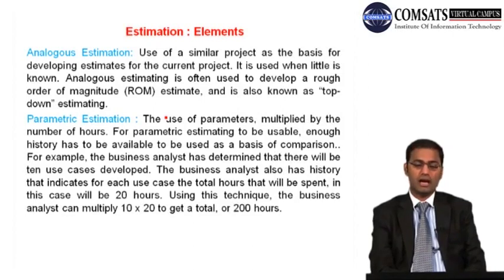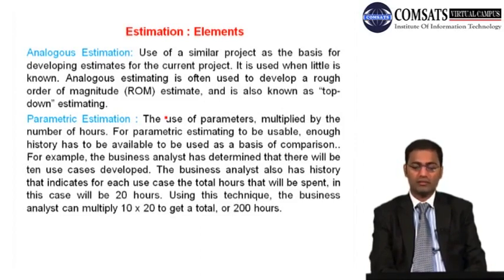And then we are having parametric estimation, the use of parameters multiplied by the number of hours. For parametric estimating to be usable, enough history has to be available to be used as the basis of comparison. For example, the business analyst has determined that there will be 10 use cases developed. The business analyst also has history that indicates for each use case the total hours spent will be 20 hours.